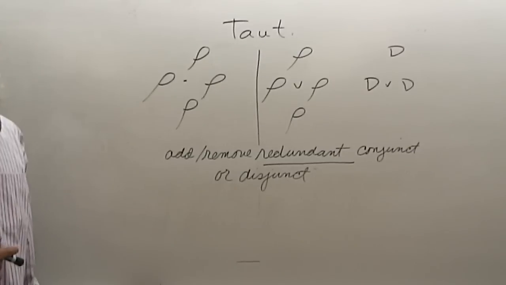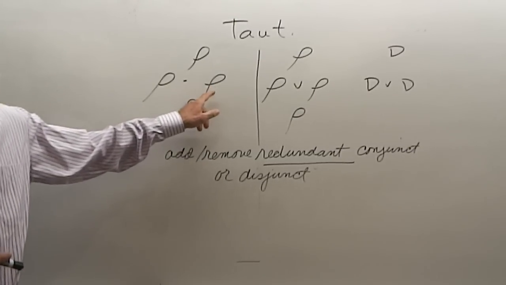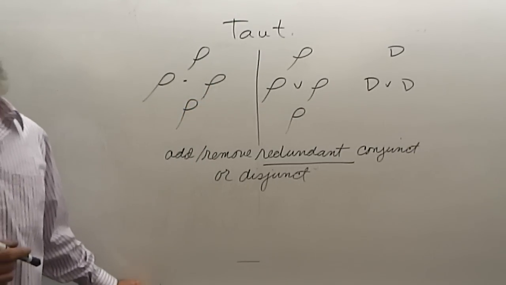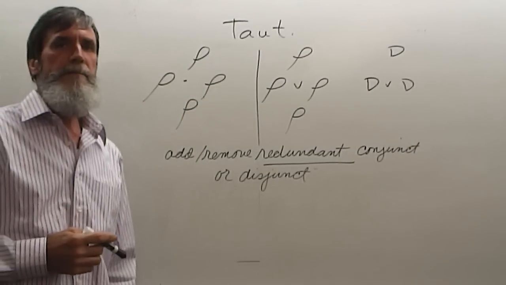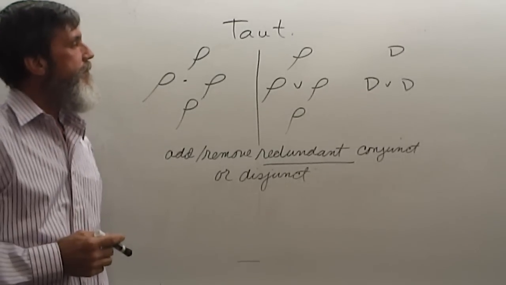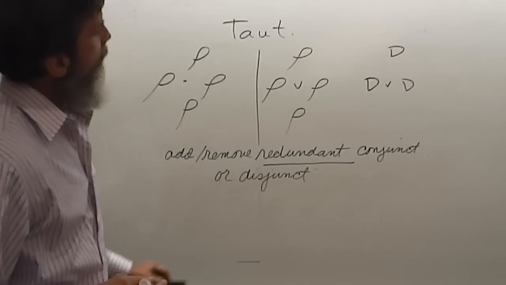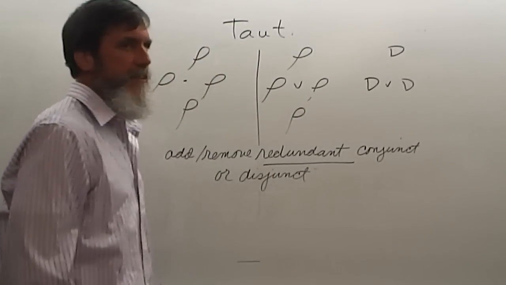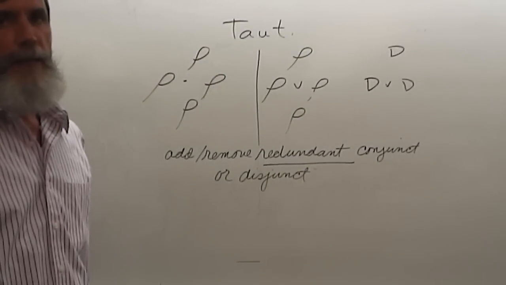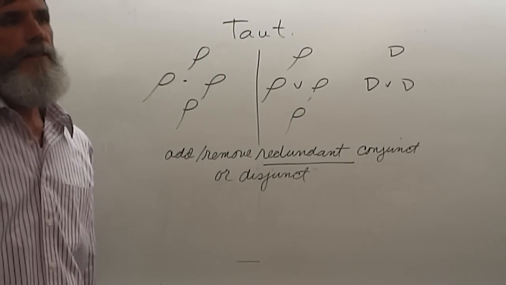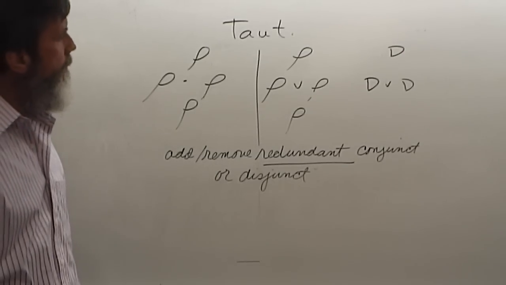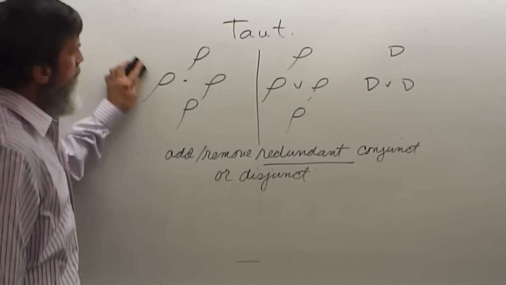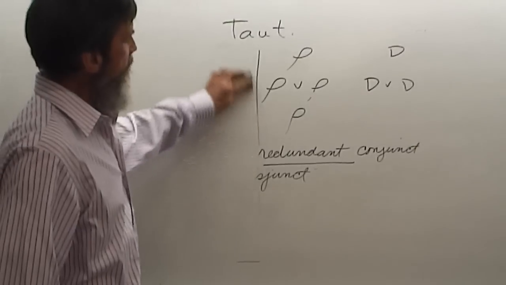Probably you'd be removing one of these conjuncts if it exists in the argument. If this exists in the argument already, probably we'd be reducing it to P, most likely. That one's easy enough to remember.